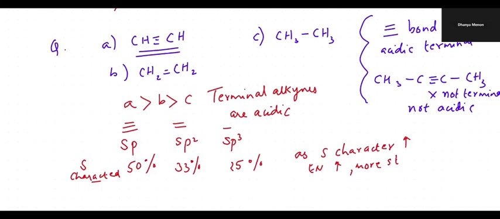If it loses H plus ions, it is acidic. So acidic character depends upon the S character also. I hope I'm clear here. Okay, and also terminal alkynes. If it's a triple bond, it should be a terminal alkyne, right? Coming to the next question.